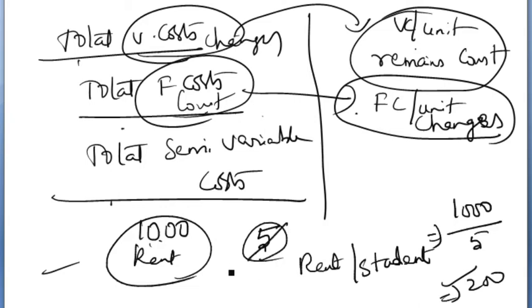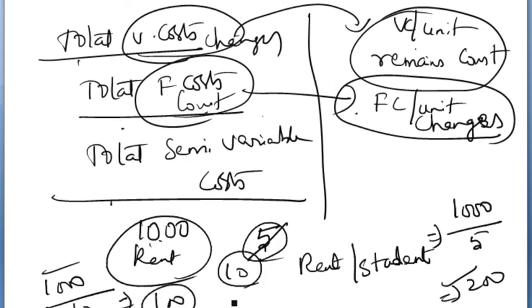Then, if there are 10 students, then what is rent per student? 1000 divided by 10, it will be how much, Nana? 100. You see, here rent per student is 200. Here rent per student is what? 100. So rent is a fixed cost, and fixed cost per unit what, Nana? Changes. But the total rent remains 1000 only, whether it is 5 students or 10 students. But rent per unit of student will what? Change. So these costs, when you try to convert them on per unit basis, exactly they'll show the opposite character.